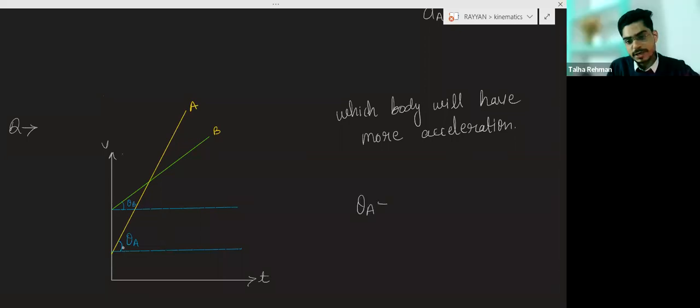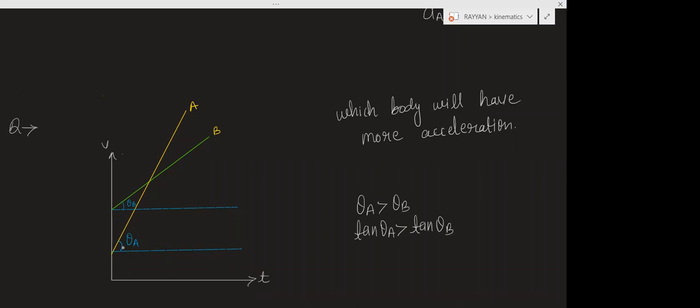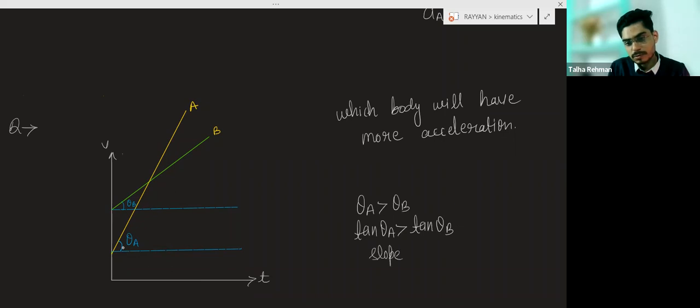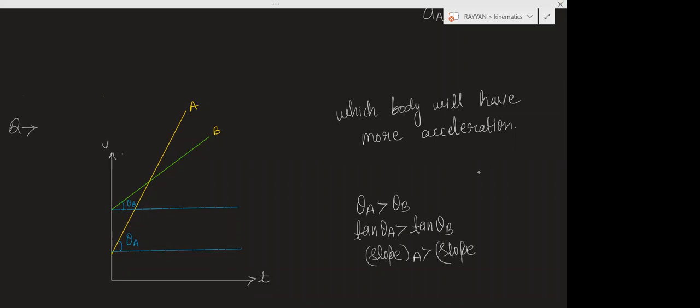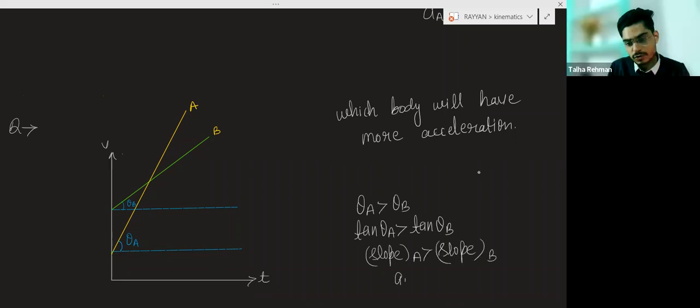So if theta A is greater than theta B, then tan of theta A will be greater than tan of theta B, means slope of A will be greater than slope of B, means acceleration of A will be greater than acceleration of B.